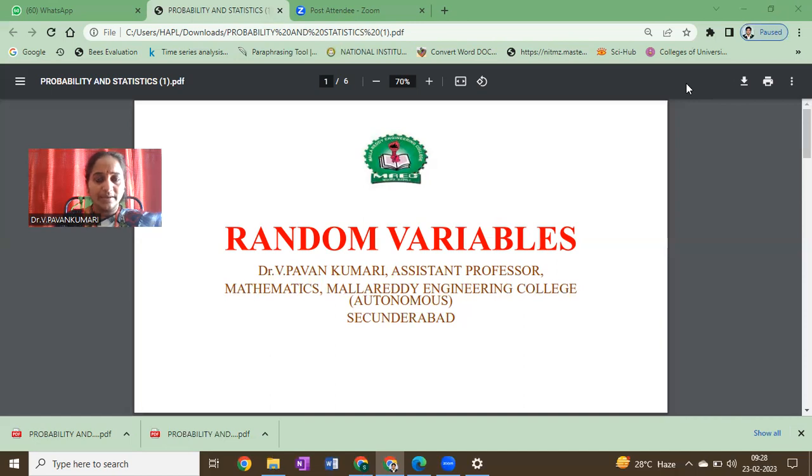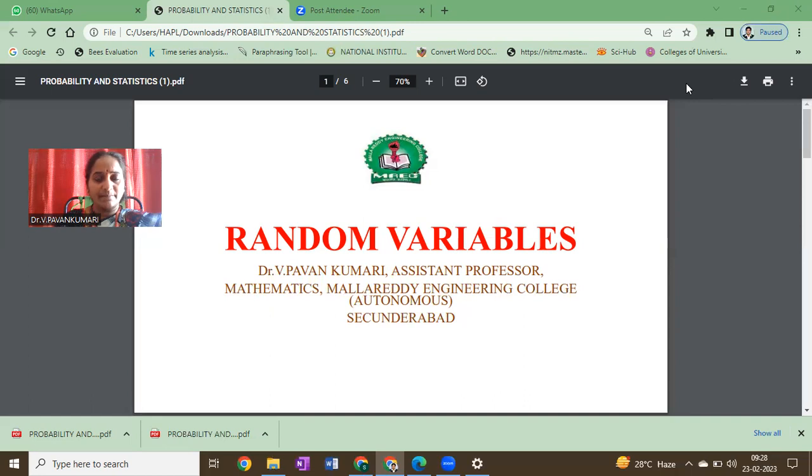The binomial distribution follows the probability mass function, which is a discrete distribution, denoted by P of x. The probability mass function of the binomial distribution is P of x equal to nCx p power x q power n minus x.